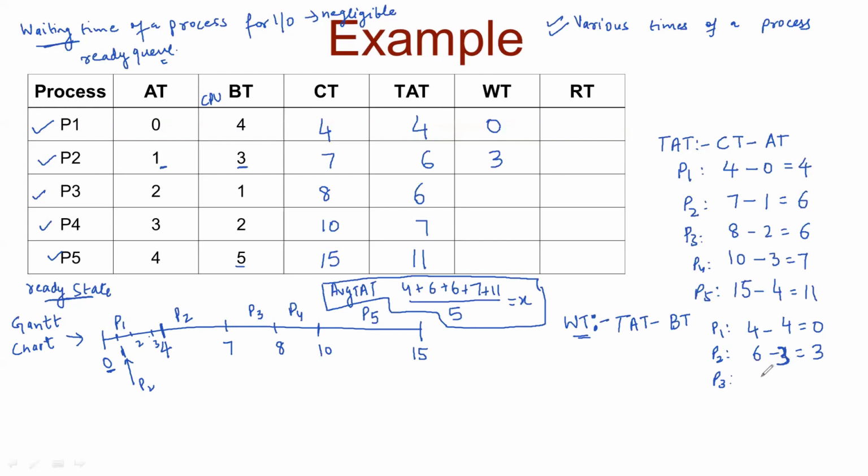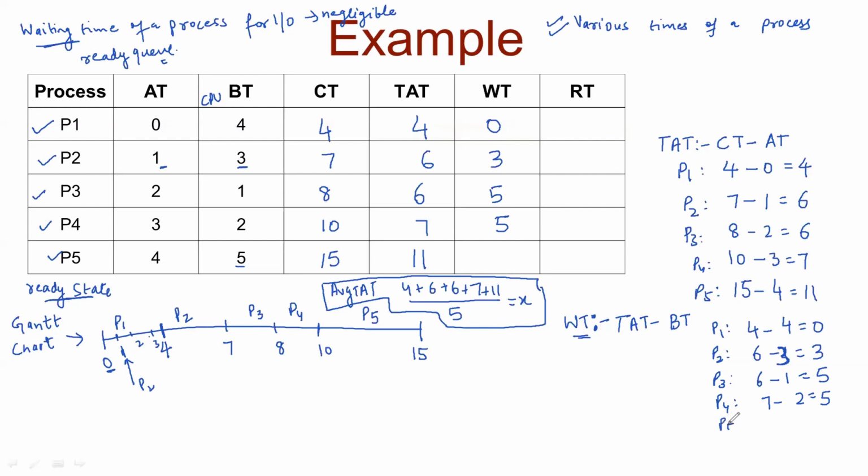For P3, turnaround time is 6 and CPU burst time is 1. That gives me a waiting time of 5. For P4, turnaround time is 7 and CPU burst time is 2. That gives waiting time of 5.